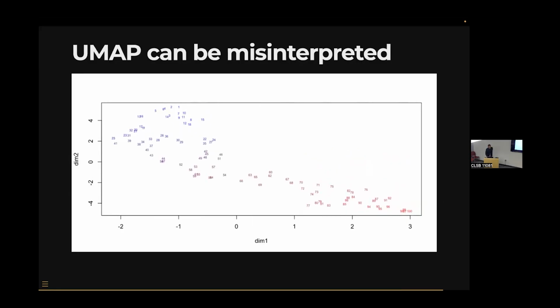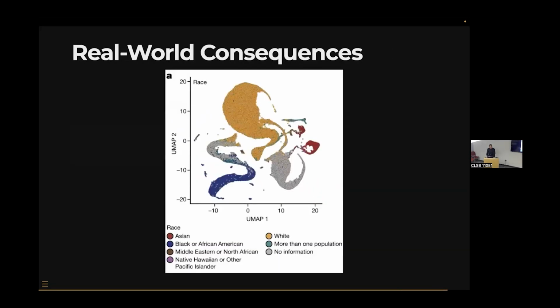All right, so just to motivate it more, I'm going to show you an example where it actually led to incorrect interpretations, especially if lay people are reading it. This is a UMAP of genotypes for human populations, self-reported.